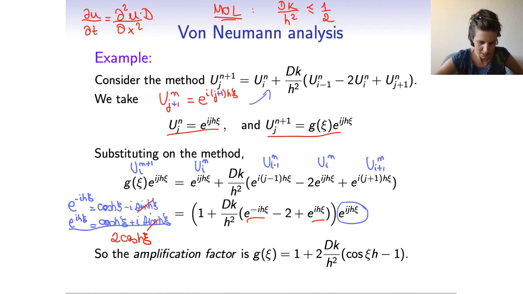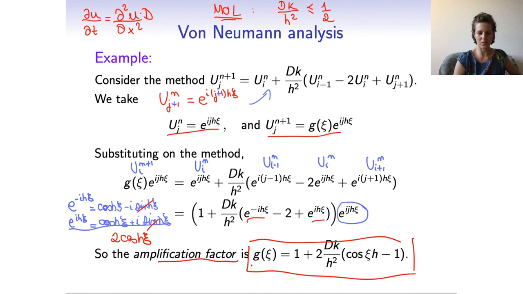So we see that our amplification factor, the function g of psi, is given by this. And for having this restricted stability condition, we want to find for which conditions for the parameters k, h, and d we have this amplification factor smaller than 1.